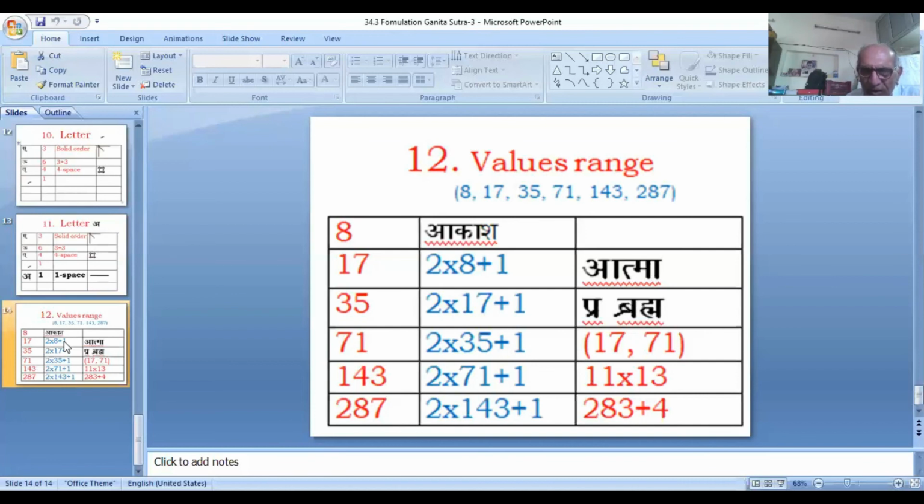This five-fold unfolding process of Akash as value 8 sequentially takes us to 17, which is 2 into 8 plus 1. It is parallel to the 17 versions of hypercube 8. The next step, hypercube 17, takes us to 35 versions. Hypercube 35 takes us to 71 versions. Hypercube 71 takes us to 143 versions. And finally, in the fifth stage, hypercube 143 takes us to 287 versions.